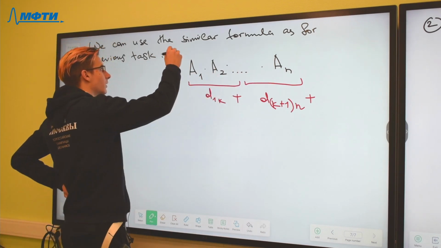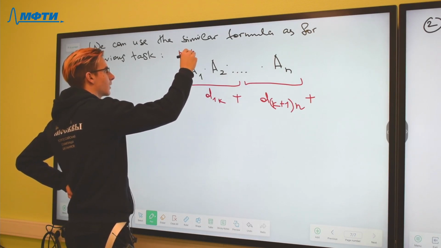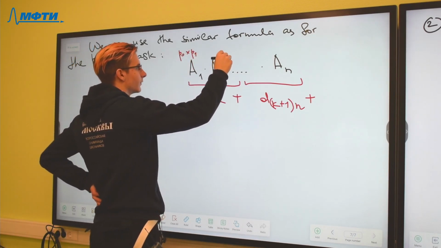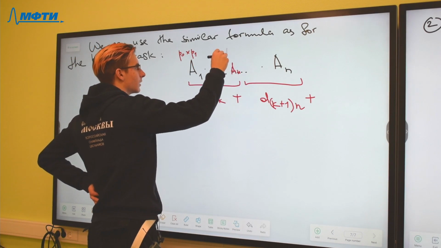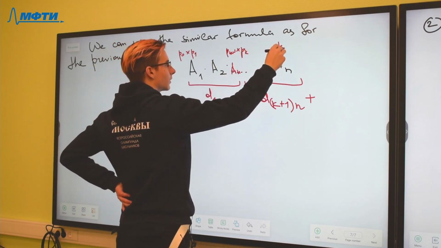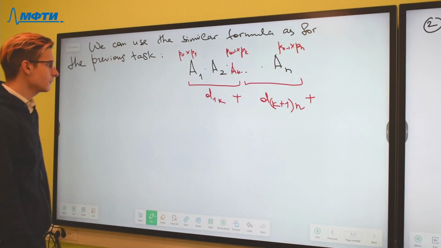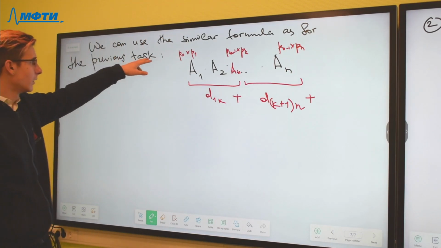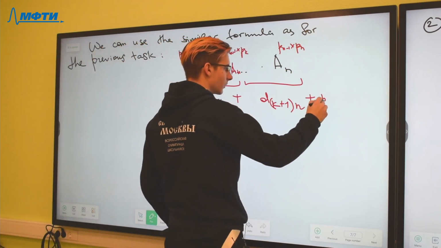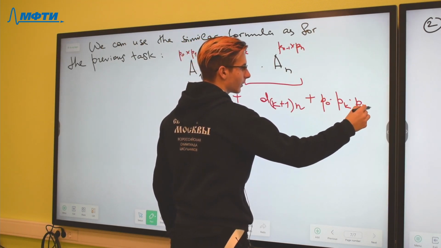So I said here P with 0, 1. So for AK it is equal to AK here. So we spent P0 multiplied by PK multiplied by Pn.